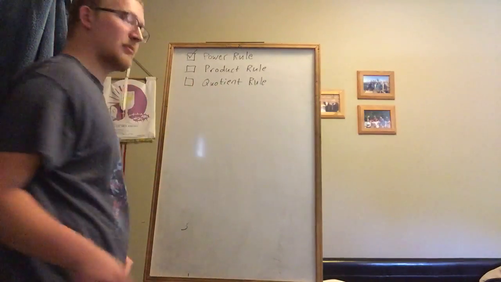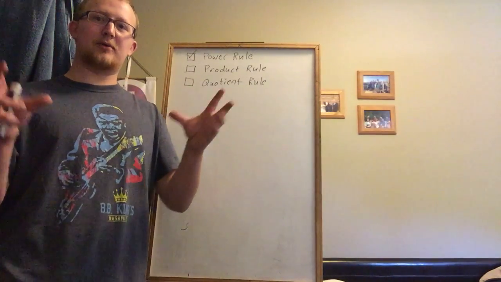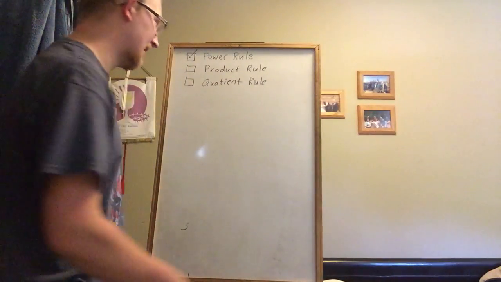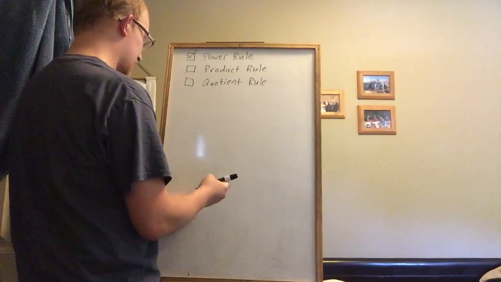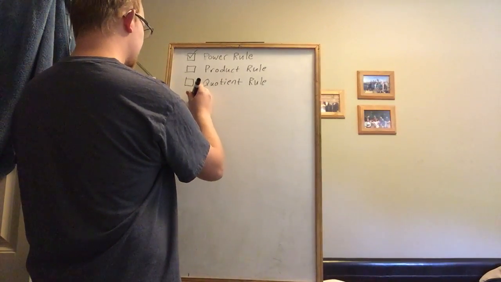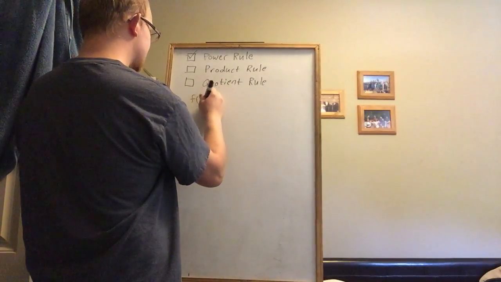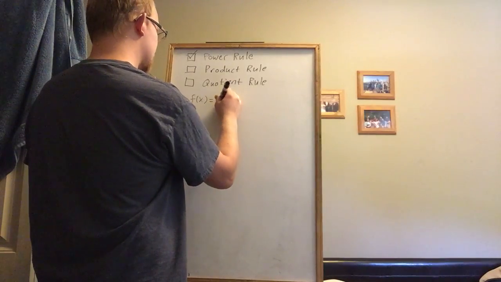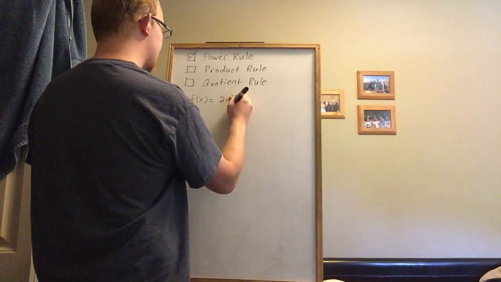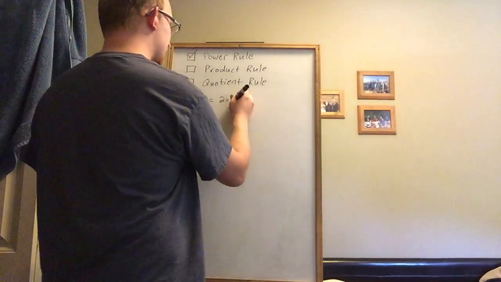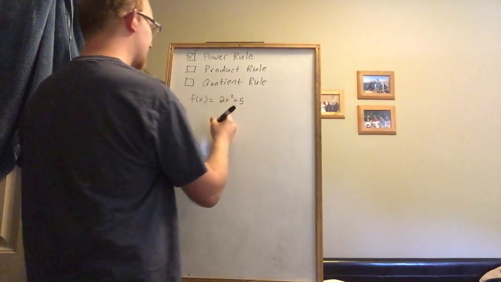So when we talk about a product, it's an operation of two things multiplying together. And so let's write ourselves a few functions. We'll call one f of x, and let's say it's equal to 2x squared plus 5.